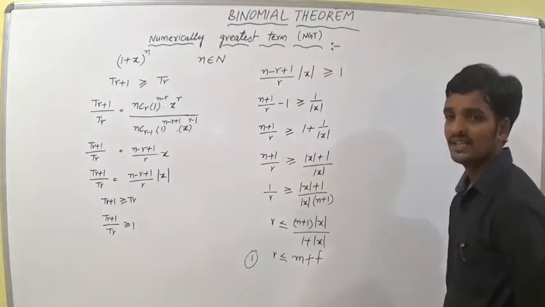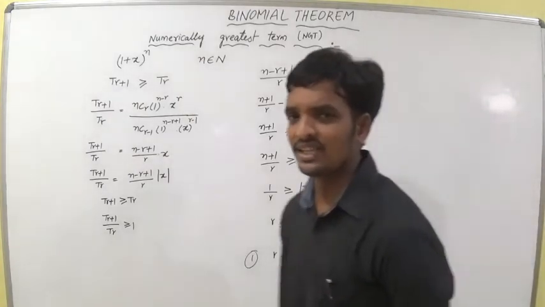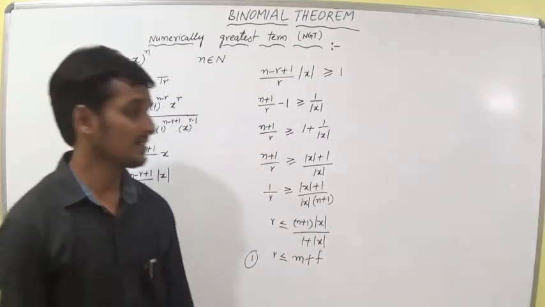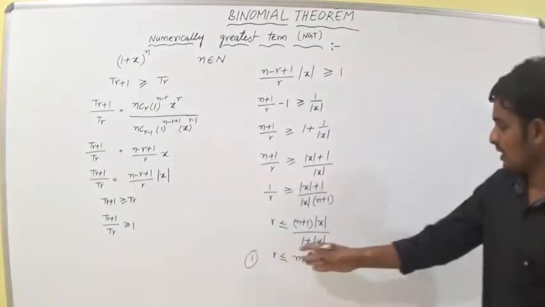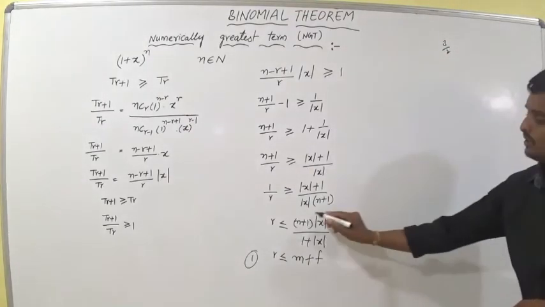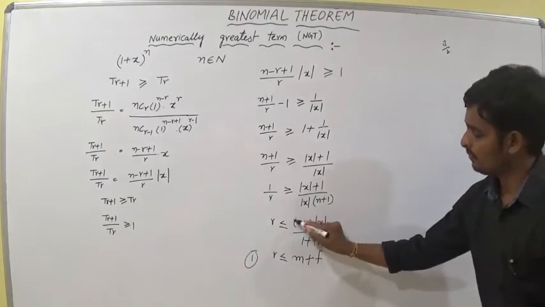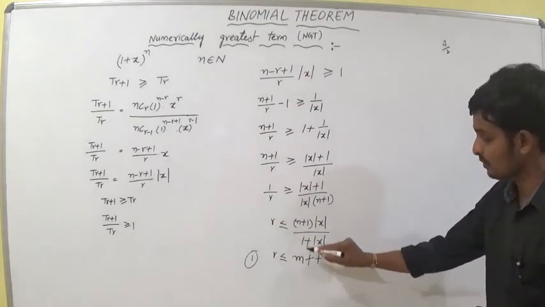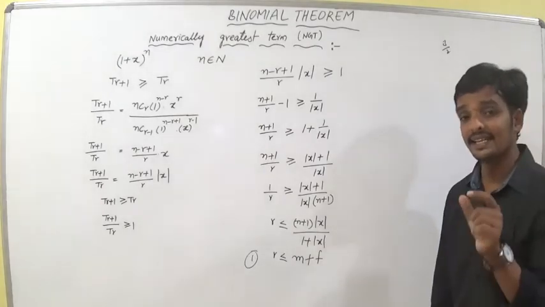M plus f, don't be confused. F is a fraction. For example, we are getting 3 by 2. For example, the value of (n plus 1) into mod x by (1 plus mod x) is an integer m.